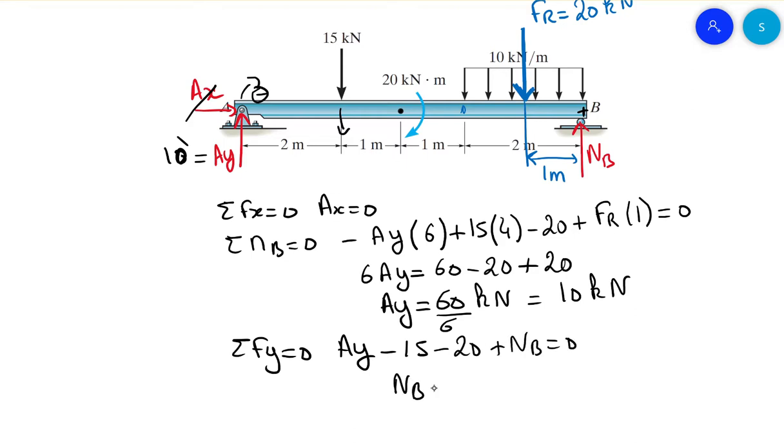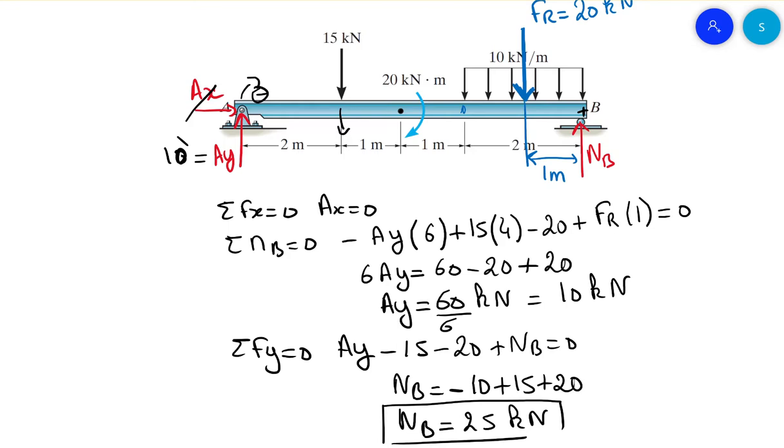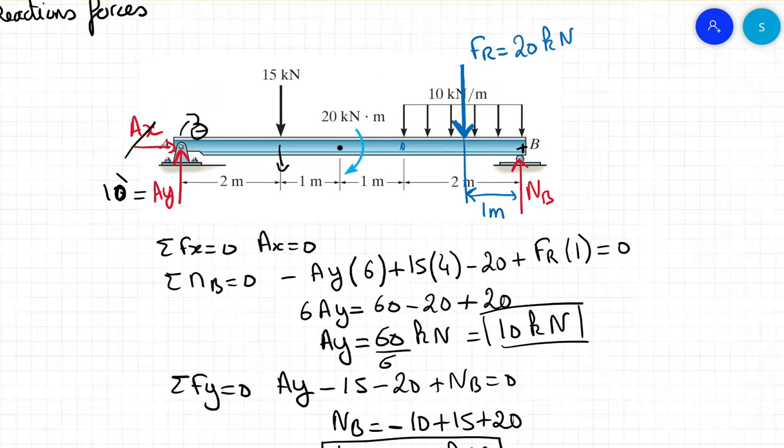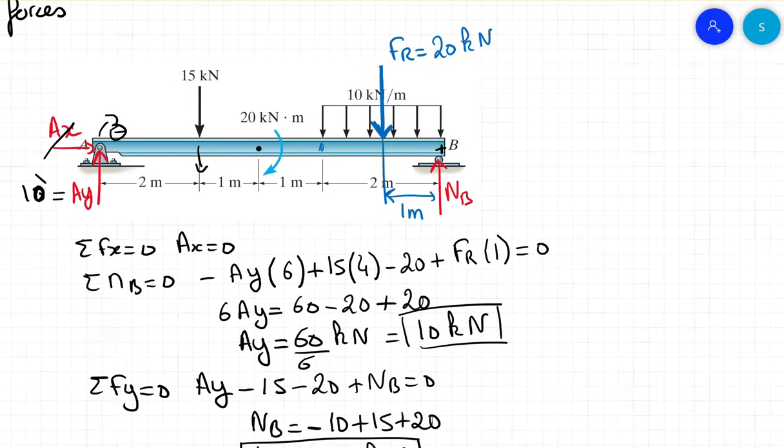So NB is equal to minus Ay, that is minus 10, plus 15, plus 20. So NB equals 25 kilonewton and Ay equals 10 kilonewton. That was the first step, we found the reaction forces.